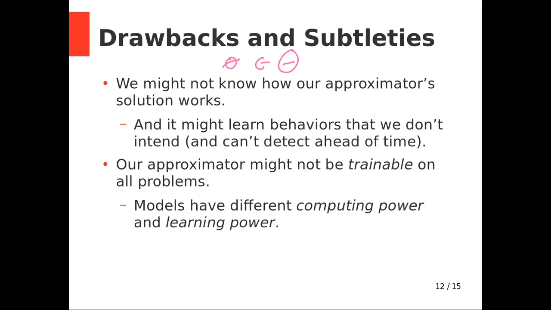We might not be able to inspect our network and talk about how it's going to behave and what it's learned to do. So on one level, gradient descent is perfectly well defined.